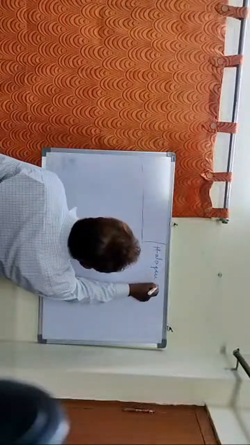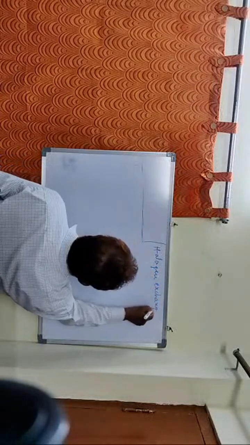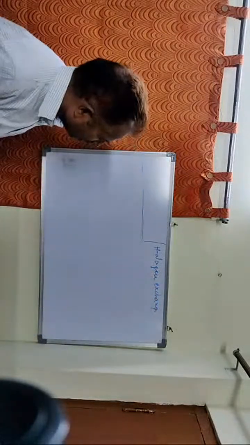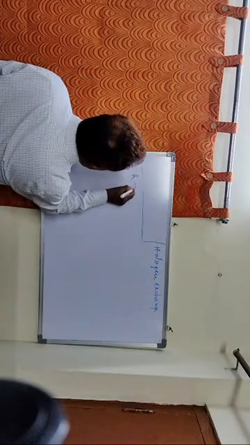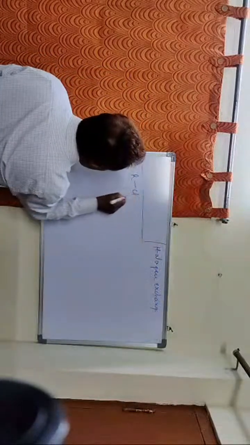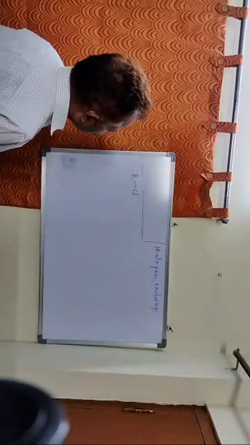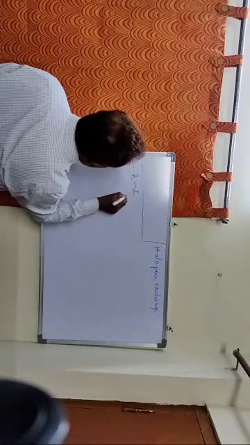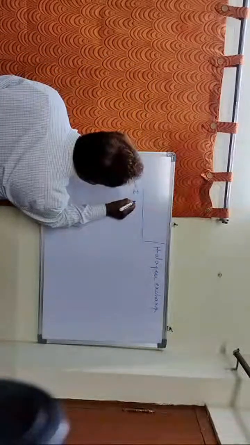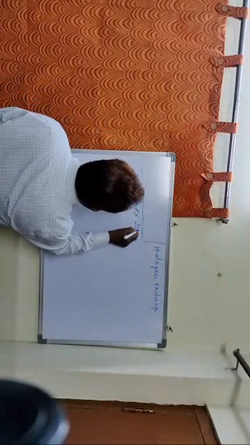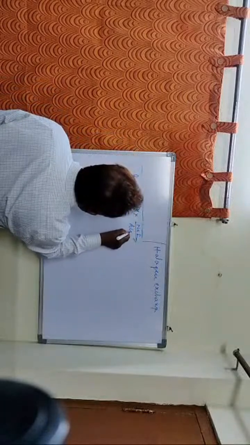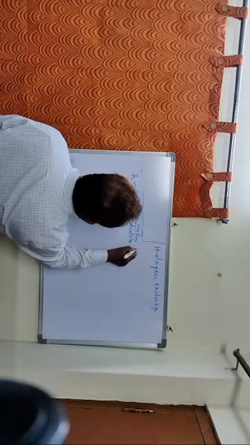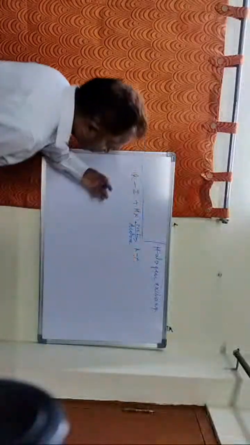Okay, now halogen exchange. Halogen exchange means one halogen is already there, and this halogen is replaced by another. Suppose it is RX, this is replaced by HI in the presence of sodium iodide and acetone, and we get RI. So this is a halogen exchange.